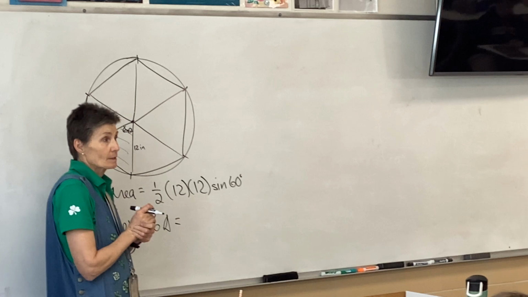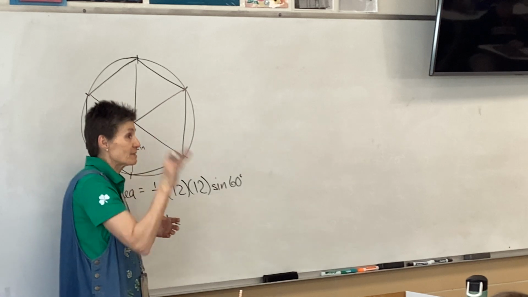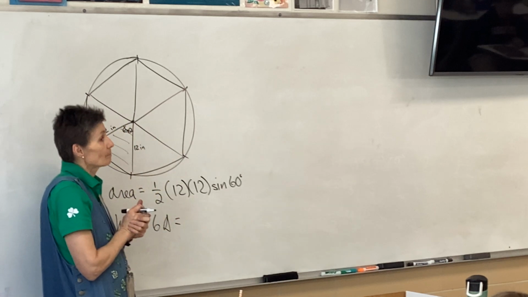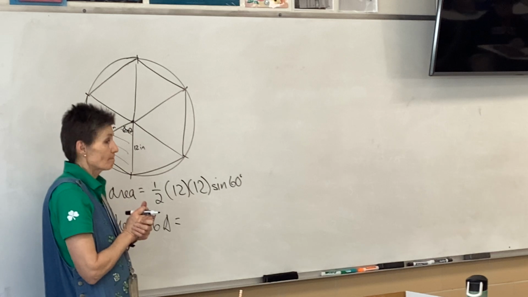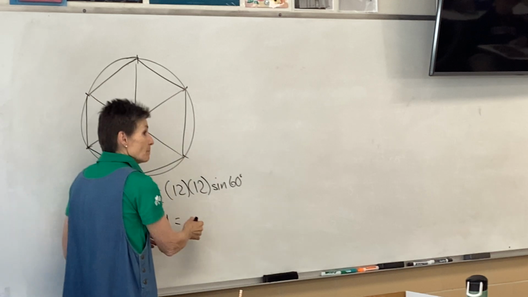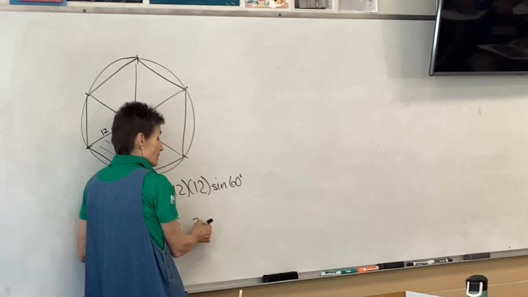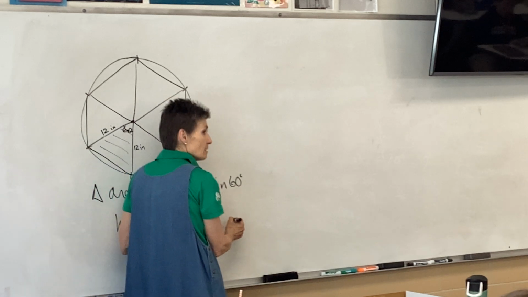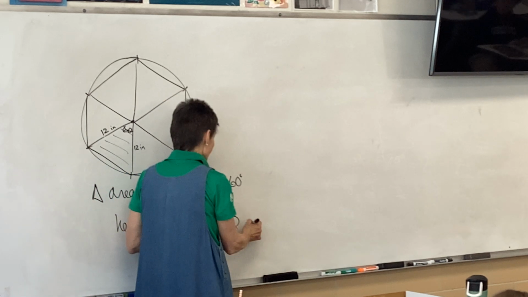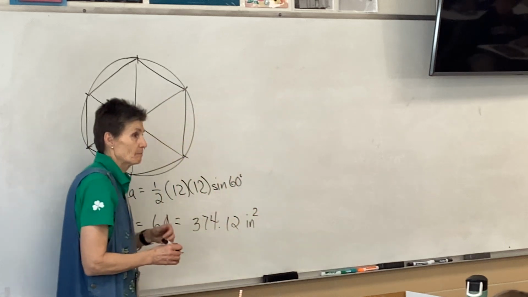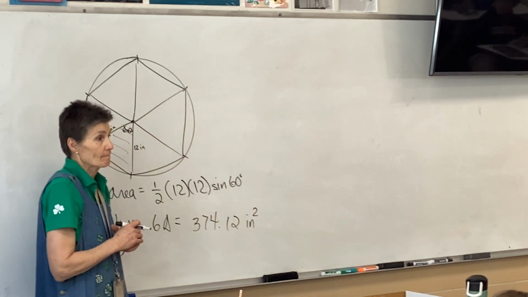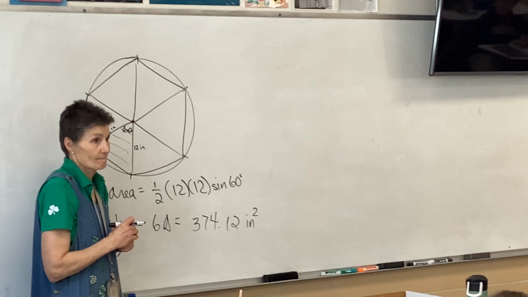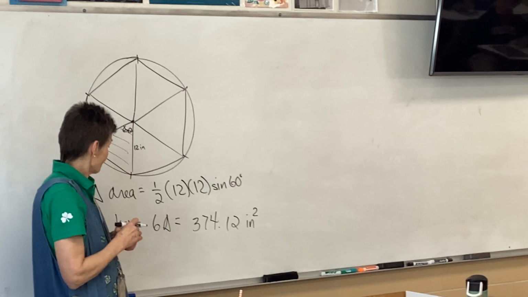And then times 6. And what do you get? 374.1, 2, 3. 62.35, and then times it by 6. Pay attention.